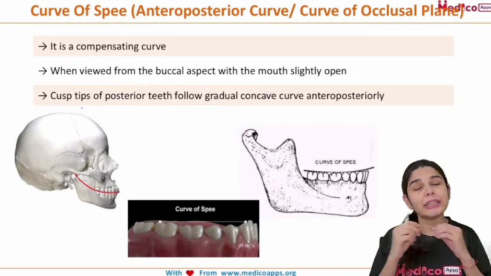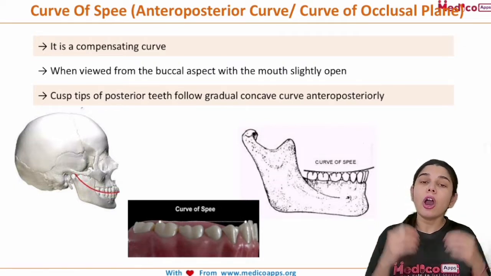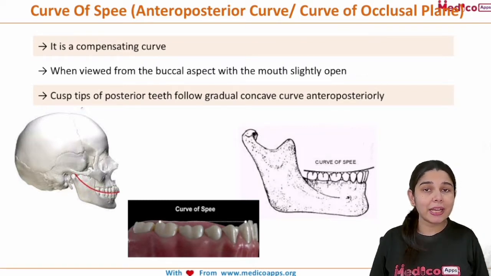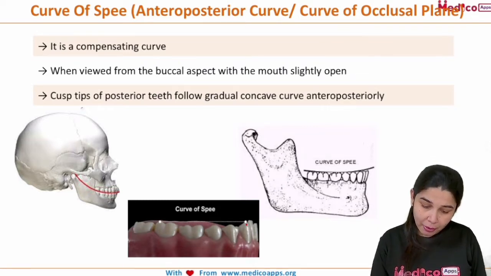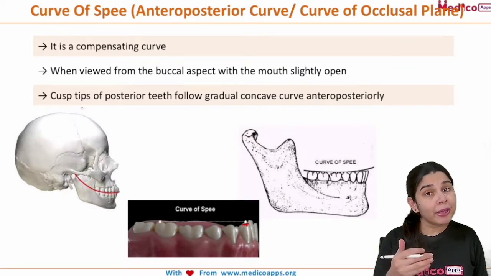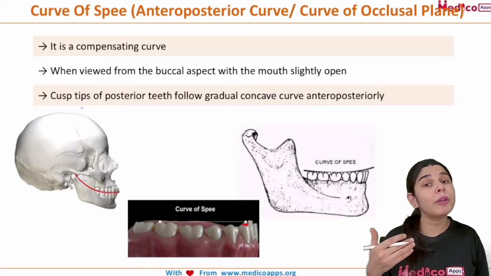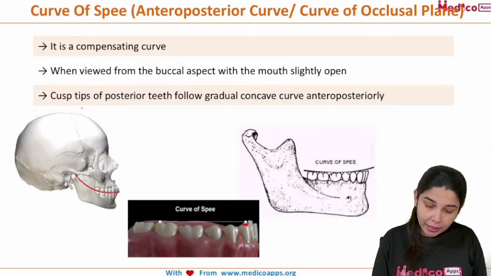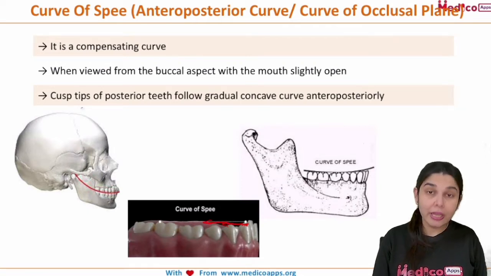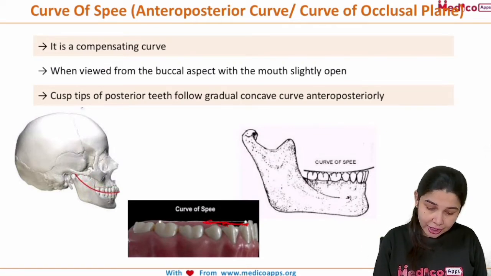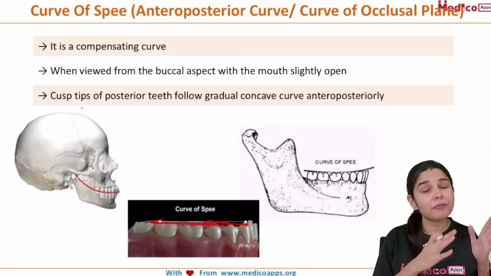So here, this compensatory curve, the curve of Spee, basically starts from the cusp tip of the canine, moving backwards, that means moving posteriorly from the premolars to the molars, moving ahead and reaching the ramus of the mandible.